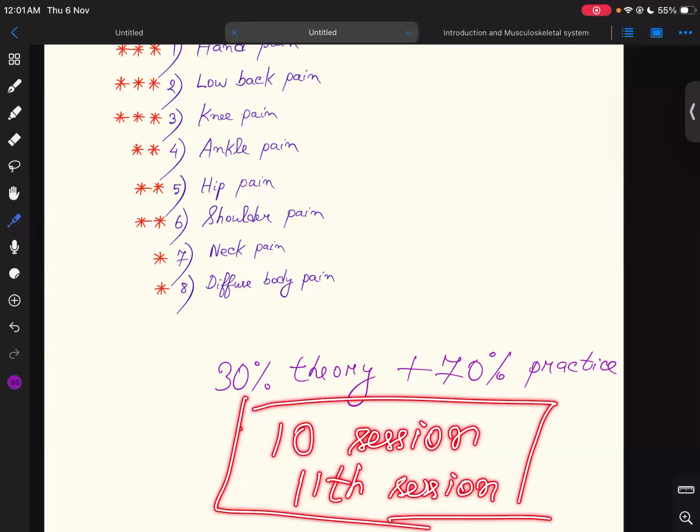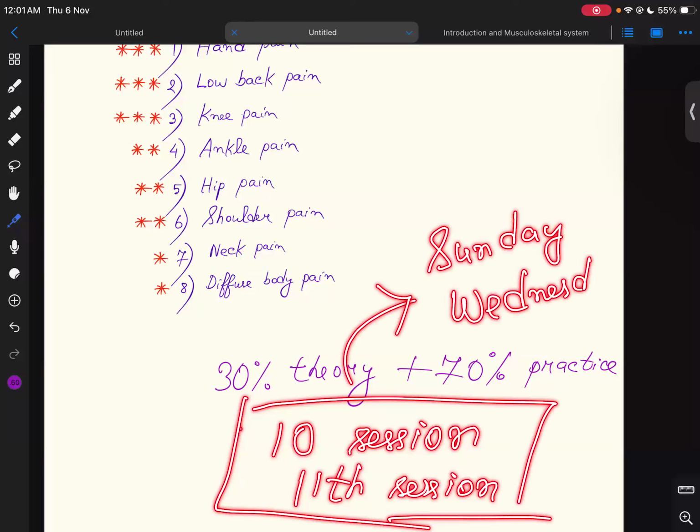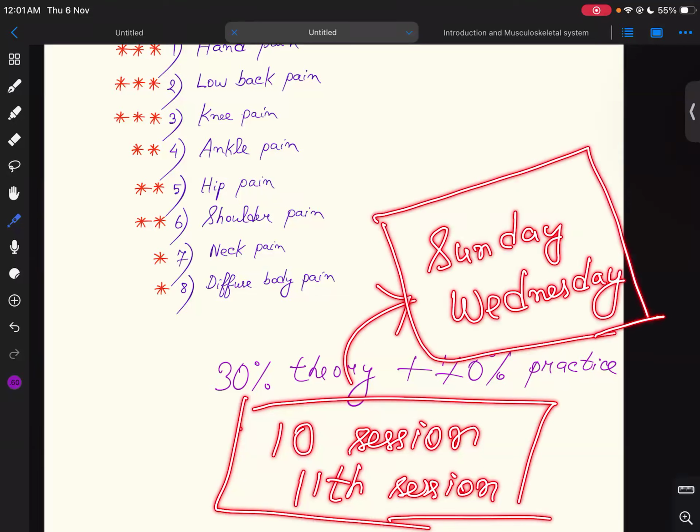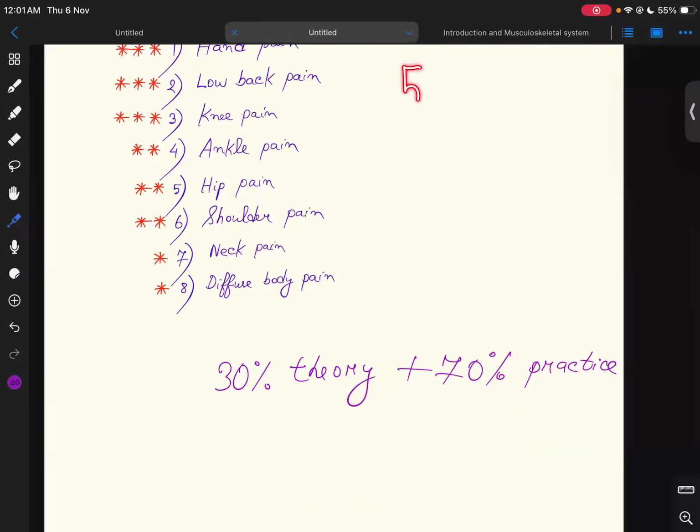And each week, the class will be on Sunday and Wednesday. This will be the class time. And it will take only 5.5 weeks to complete the whole course.